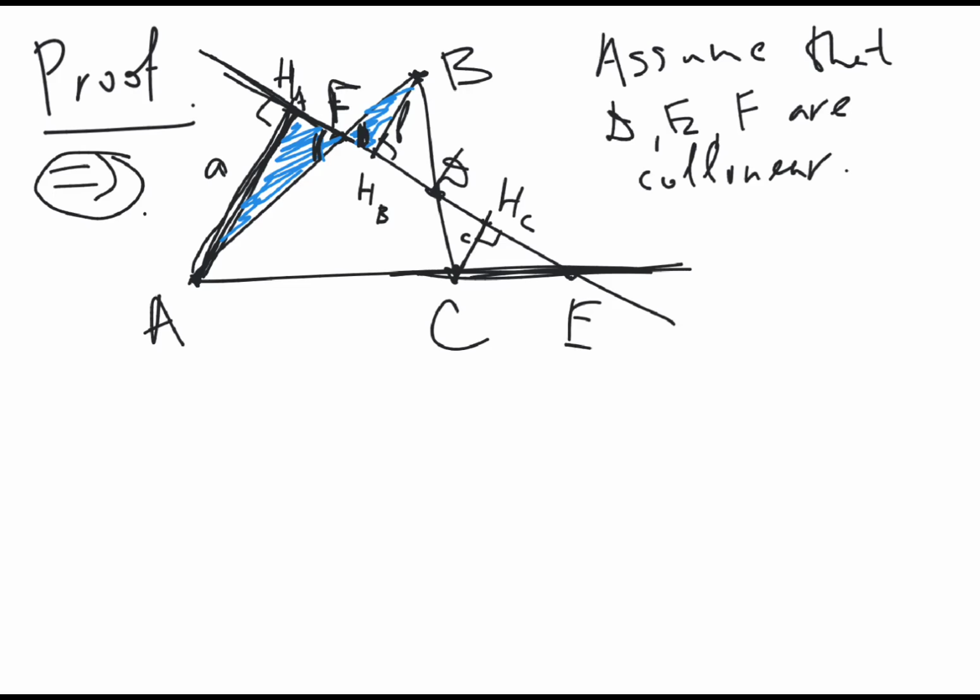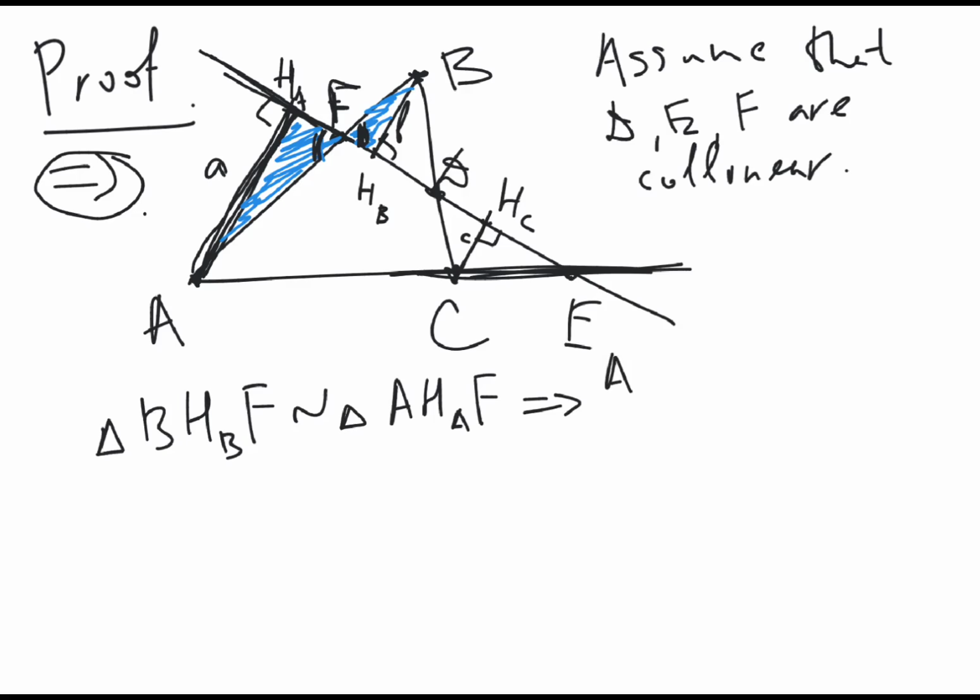So the triangle BHBF is similar to the triangle AHAF, and from this we conclude that AF over FB is equal to A over B. The ratio of this side of the triangle to this side of the triangle is equal to the ratio of the other two sides.